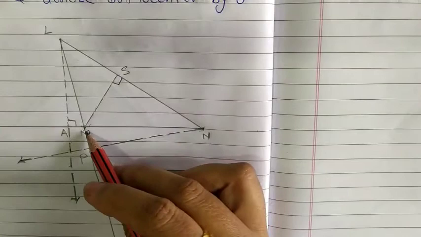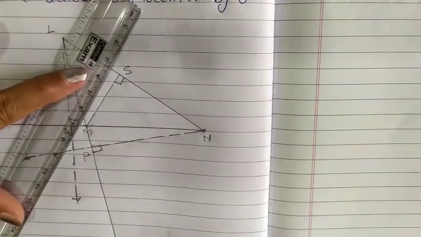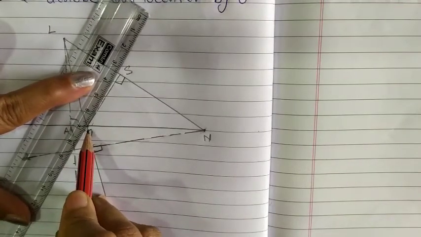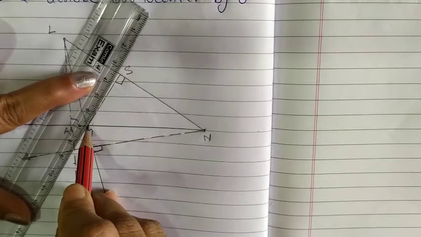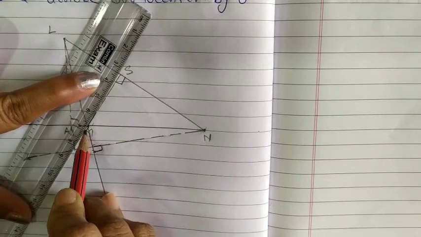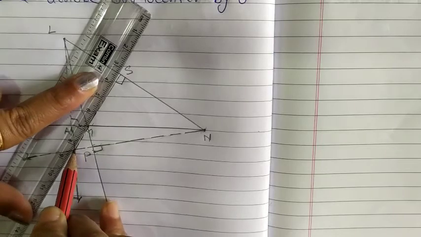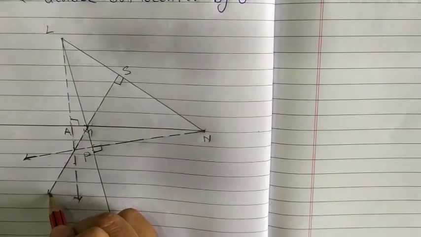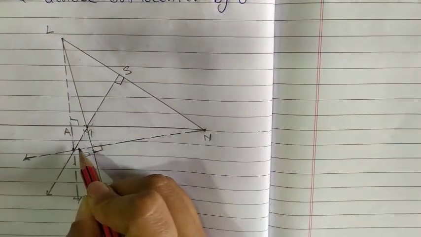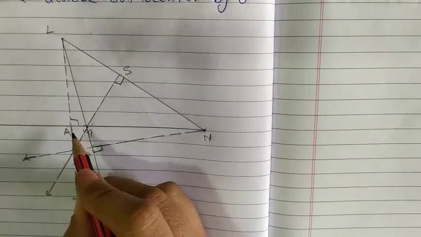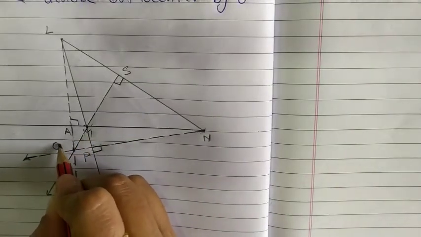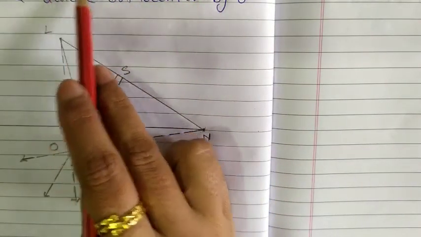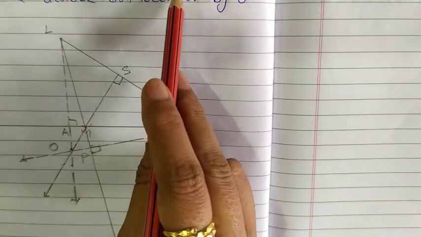Third altitude, that is MS. And here we get the point. That point is denoted by O, and that is the orthocenter of the obtuse angled triangle LMN.